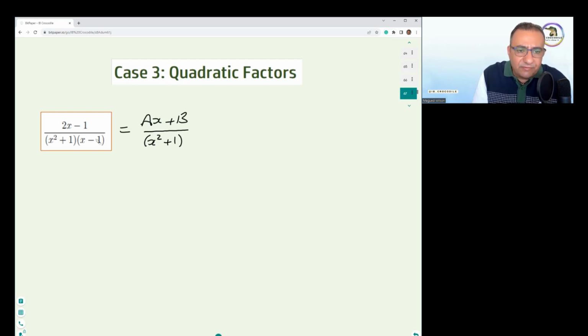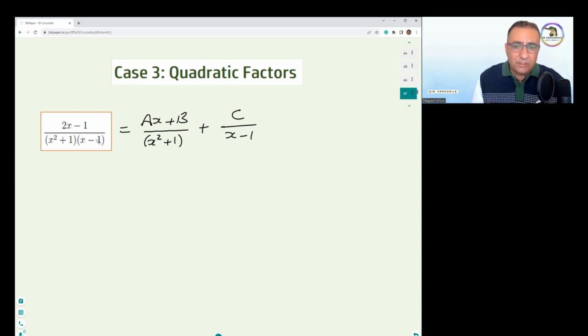And then the second factor here is basically linear, because we have x minus 1 only. So we can just put any letter, just a constant, which is 0 degree. Okay, so this is the first step, the most important step: to recognize what kind of factors we have, and then you put your layout, your form, according to the original function.